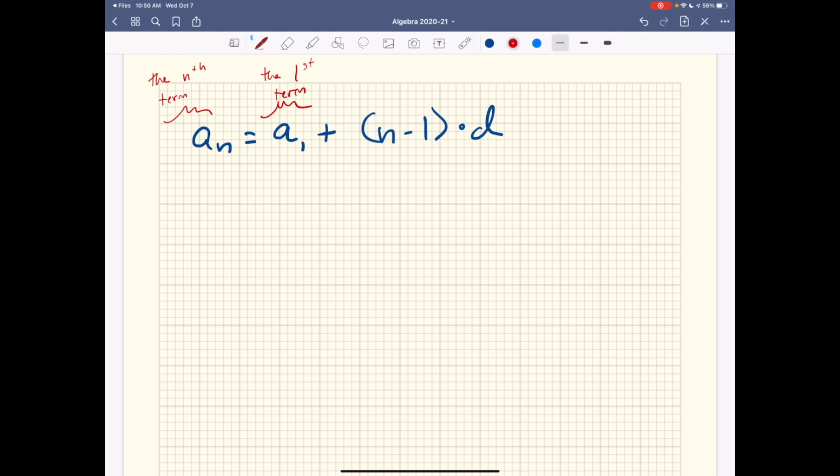First term. So notice n, 1, 1, right? The n itself, you might notice, pops up again over here. And then, of course, we have d, which is the common difference, right? The common difference. And as always, n is the step number.